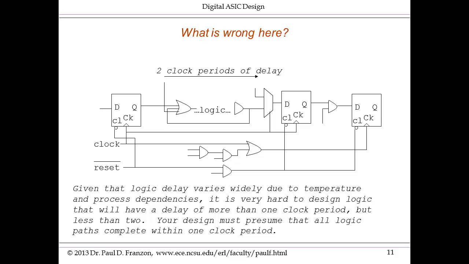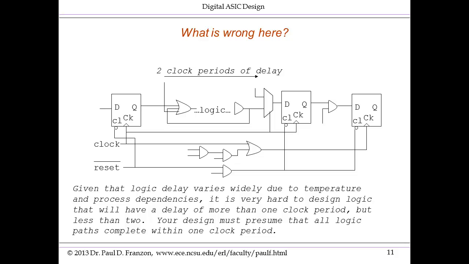If you're relying on this logic taking between 1 and 2 clock periods of delay to operate, and it must take more than 1 clock period in order to work correctly, and then you take the chip to Fairbanks, Alaska, and operate it outside in the middle of winter, which you have to guarantee that the chip can do, it most surely won't work. The logic will operate too fast, because in CMOS logic, it gets faster at cold temperatures.